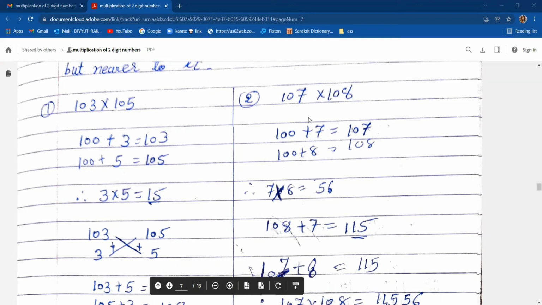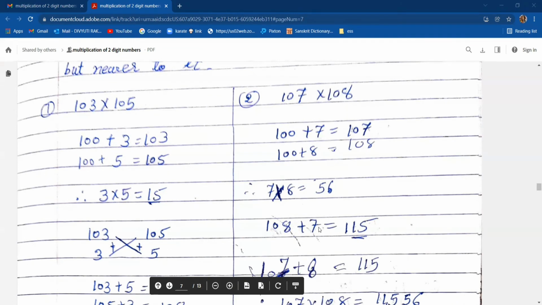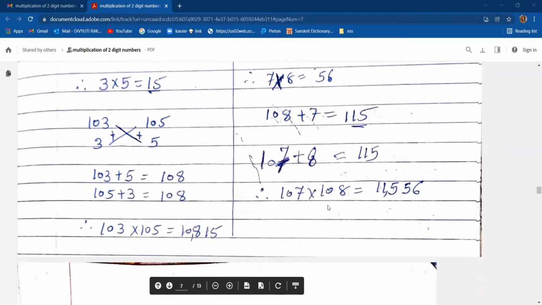The 7 is a smaller number, so it is easier to add. So I will add this 7 not in 107, but I will add it in 108. So 108 plus 7 will give you 115, and no need of this if you are already adding this 7 with 108, because the answer will be the same.